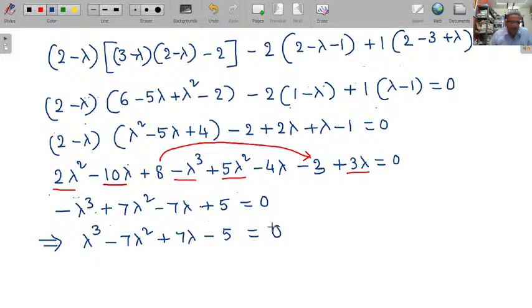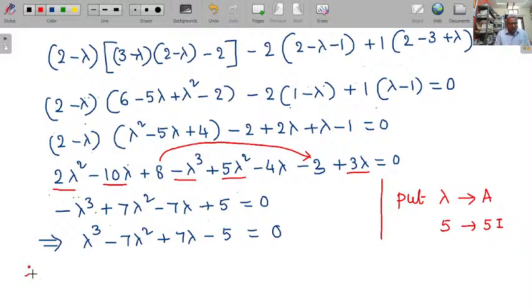So how to find out characteristic equation? It's very simple. To find characteristic equation, put lambda as A. So then here 5 can be written as 5I. Because this is an algebraic equation, we need to write a matrix equation.